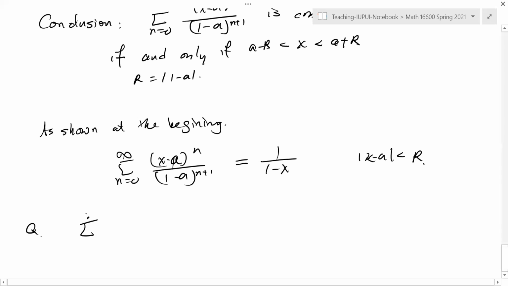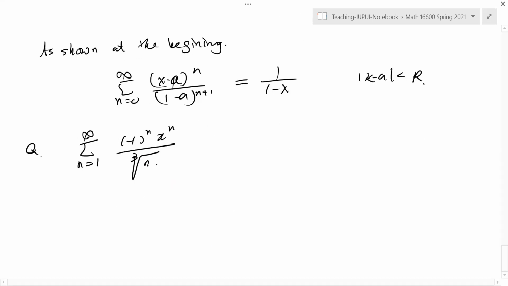So consider the following example. Negative 1 to the n, here's x to the n, and this is the third root of n. So this is a power series around 0.